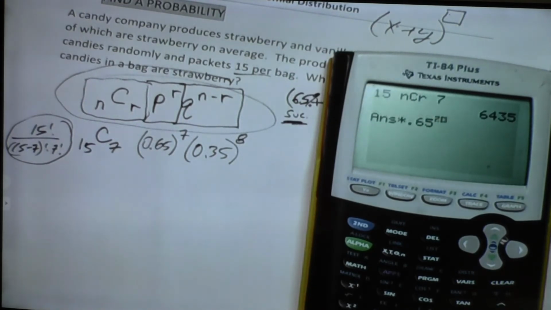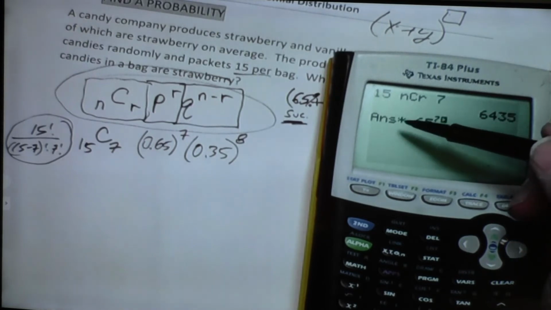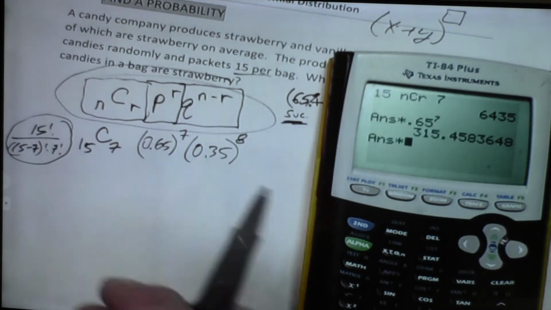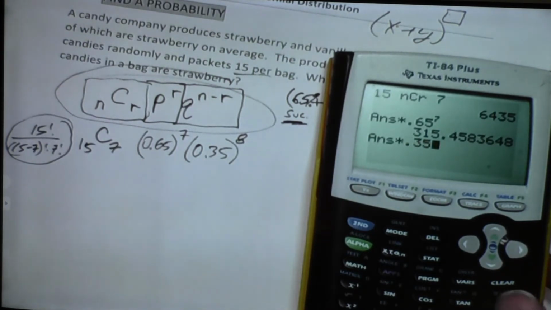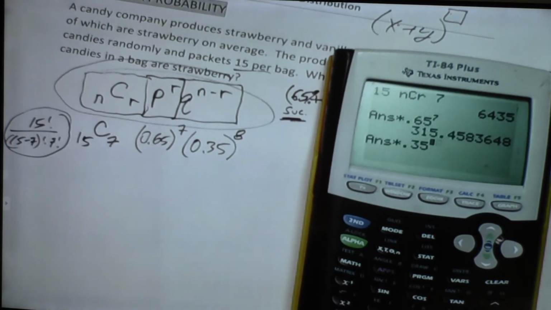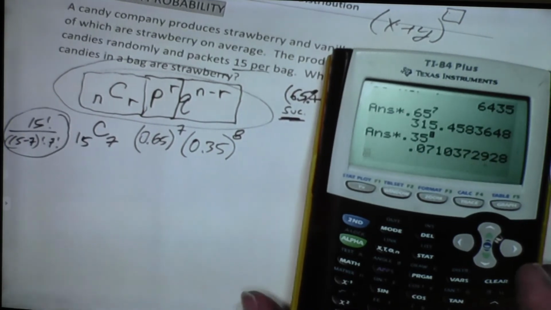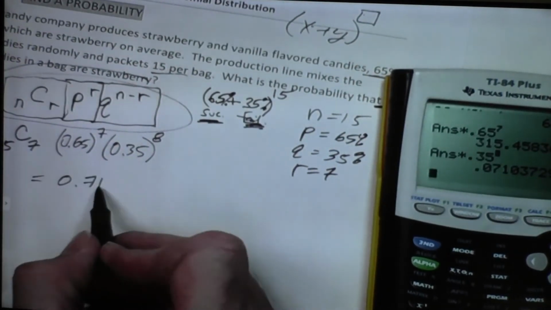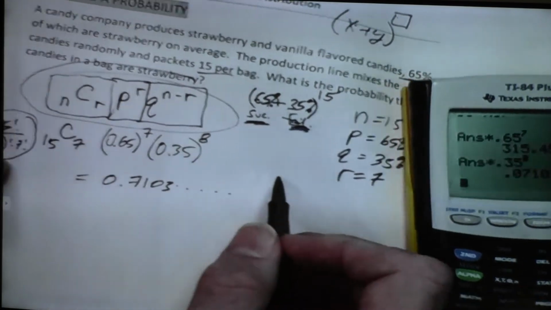Now you multiply it by these, times 0.65 raised to the 7th power, and it will do the exponent before it does the times, of course. Okay. And then times the 0.35 raised to the 8th power. Have I got that one right? Okay. So what we got was this number, 0.7103, so on.